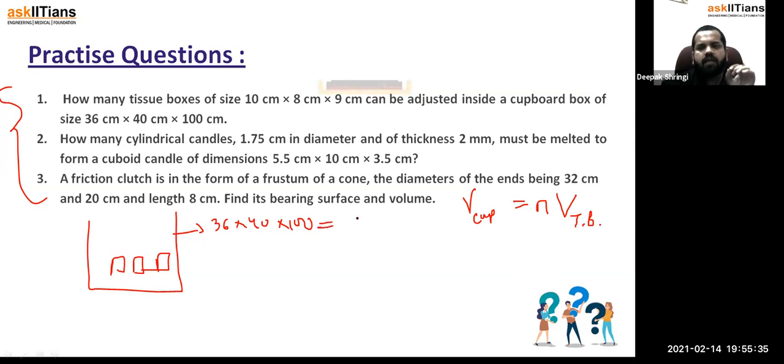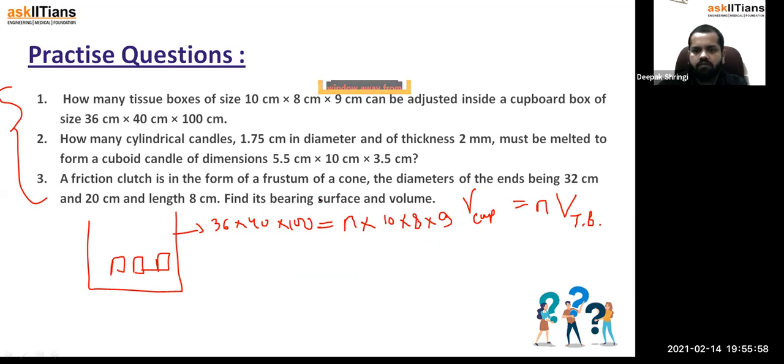Just be careful writing your units also, right? This will be equal to n times, suppose n number of tissue boxes will be placed inside a cupboard box. So n times the volume of your tissue box. Whatever the dimensions of the tissue box, 10 into 8 into 9, this volume will be n into 10 into 8 into 9.